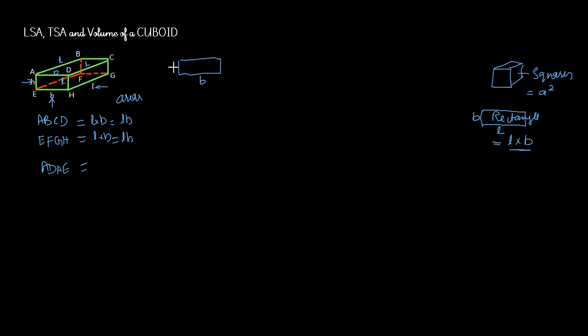So this is B, that is H. This is A, D, H, E. To find out the area, I need to multiply B into H, so it's going to be BH. Similarly, the front side and the back side B, C, G, F is again B into H. It will be the same because it's a rectangular box. The front and back are the same, left and right are the same, and top and bottom are the same.